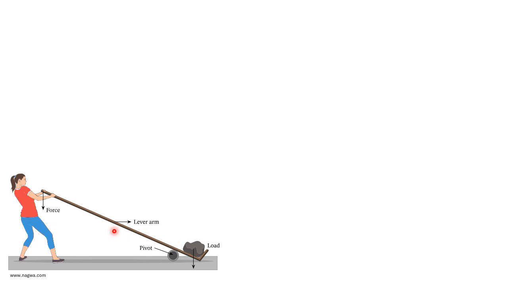So what this person is doing is, the person is using a rotating point or a pivot and applying a force at a lever arm distance, and the person is increasing the applied force in multiples.